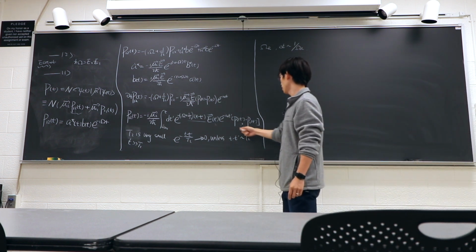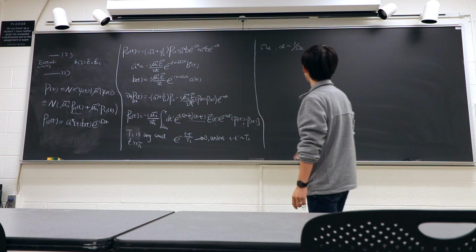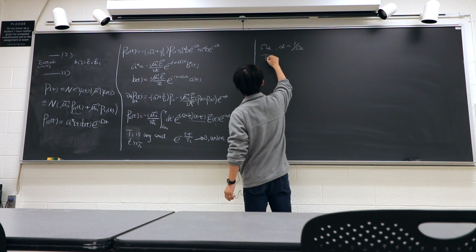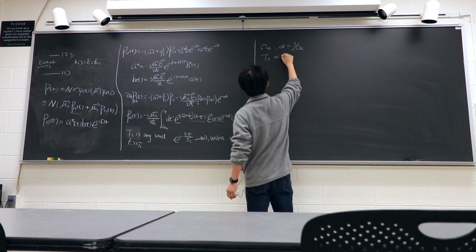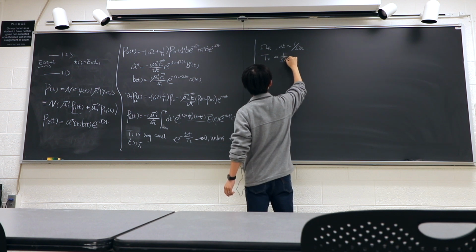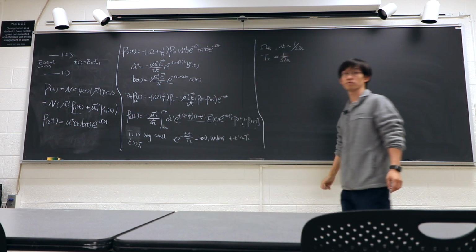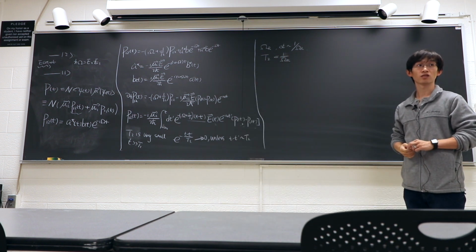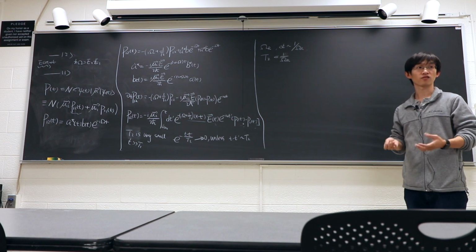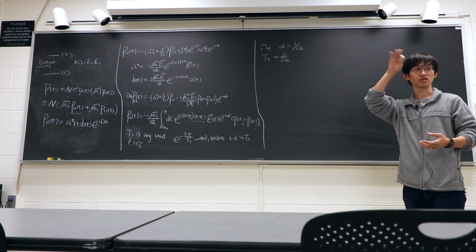So now we can make another approximation: T2 is much, much smaller than the Rabi period. So decay is much faster than your Rabi oscillation.